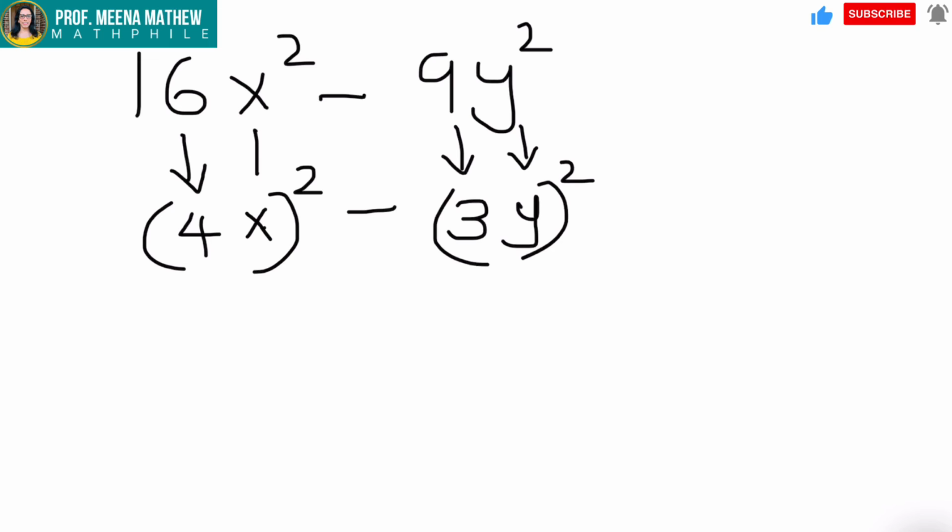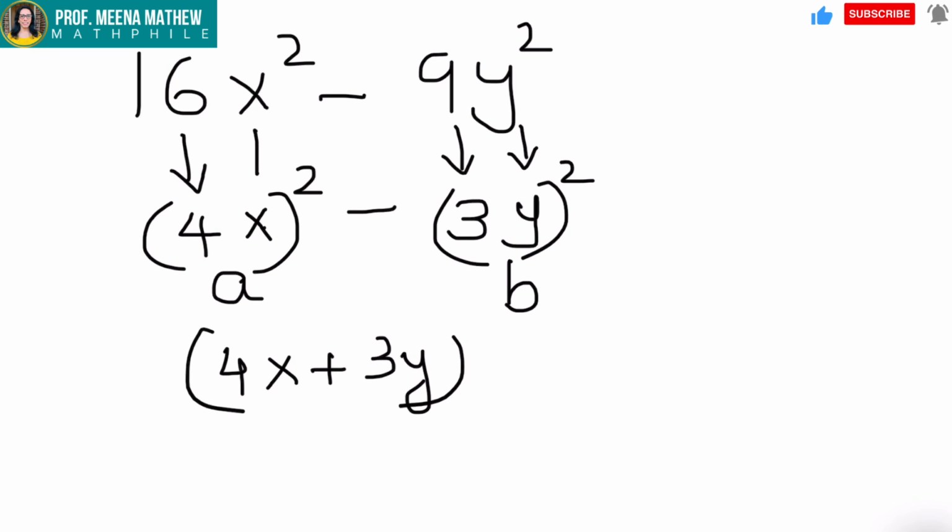So we rewrite 16x square as 4x to the power 2, 9y square is 3y to the power 2. Now here we have a difference in squares, that is here 4x is a, 3y is b. We can write it as 4x plus 3y times 4x minus 3y.